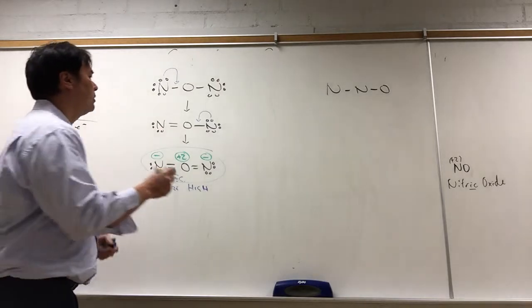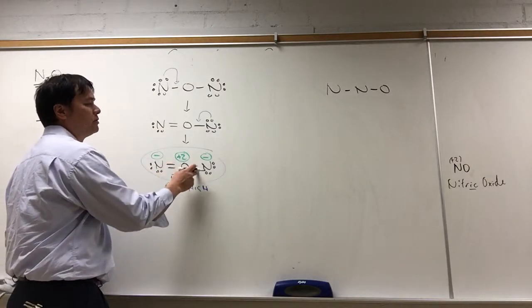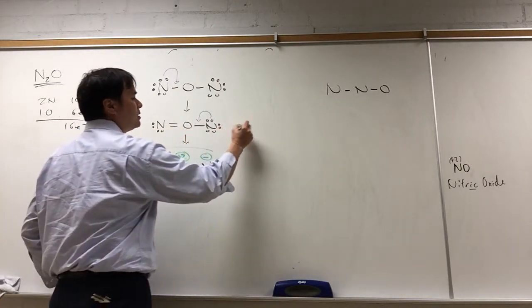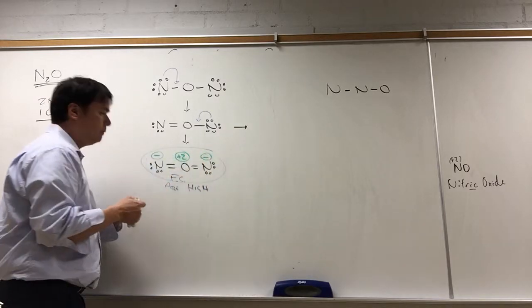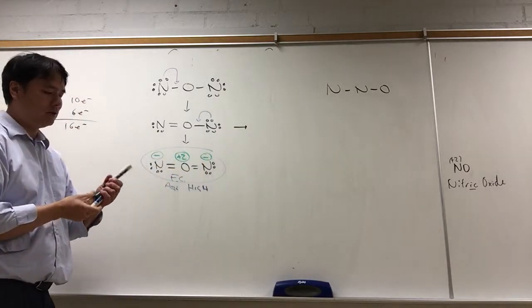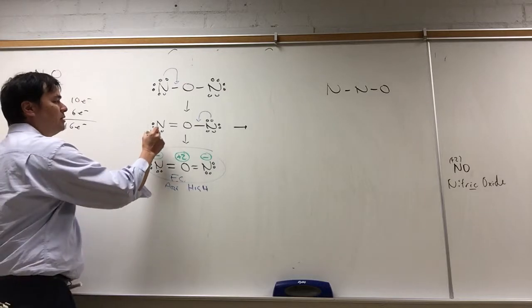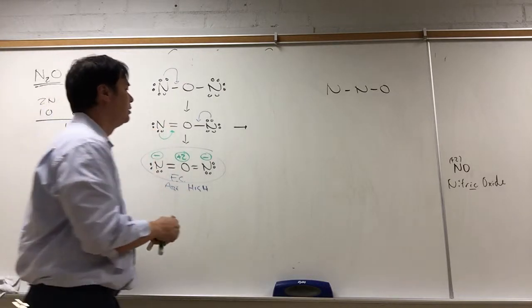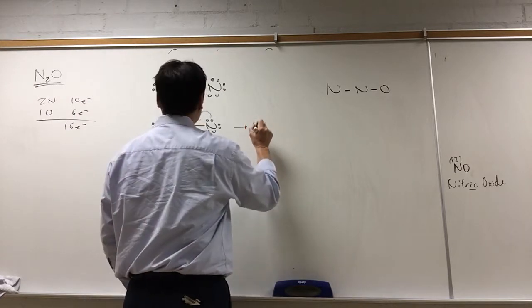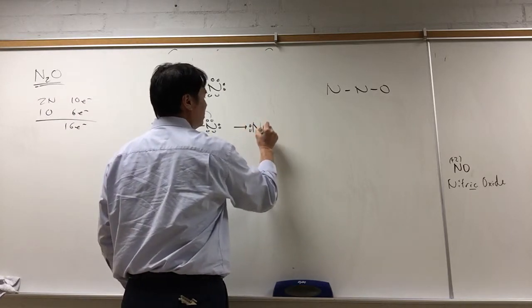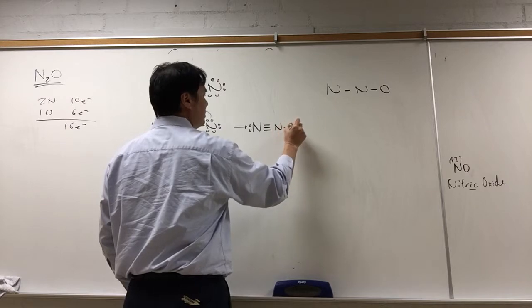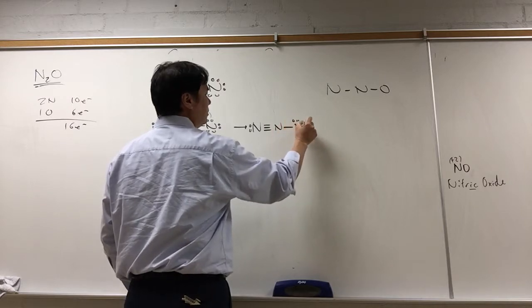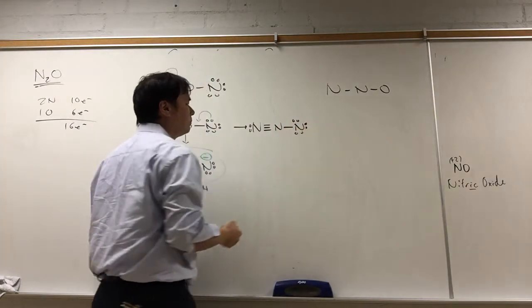Well, what we could have done is, instead of making 2 doubles, we could have made a triple and a single. So what we could have tried alternatively, to see if this makes any difference, is take another pair here. It looks kind of asymmetric, and the 2 nitrogens should be the same, so this doesn't look so good either. But we'll try it and see if that improves the formal charges.